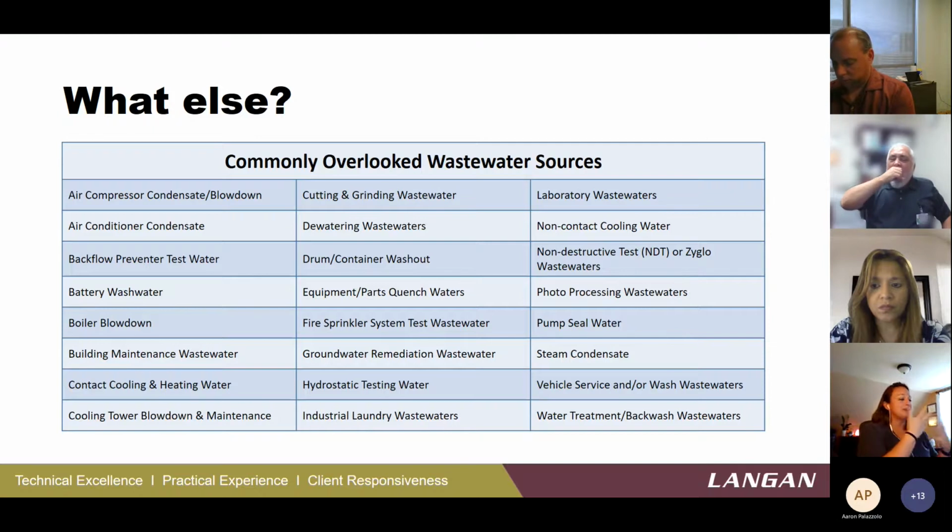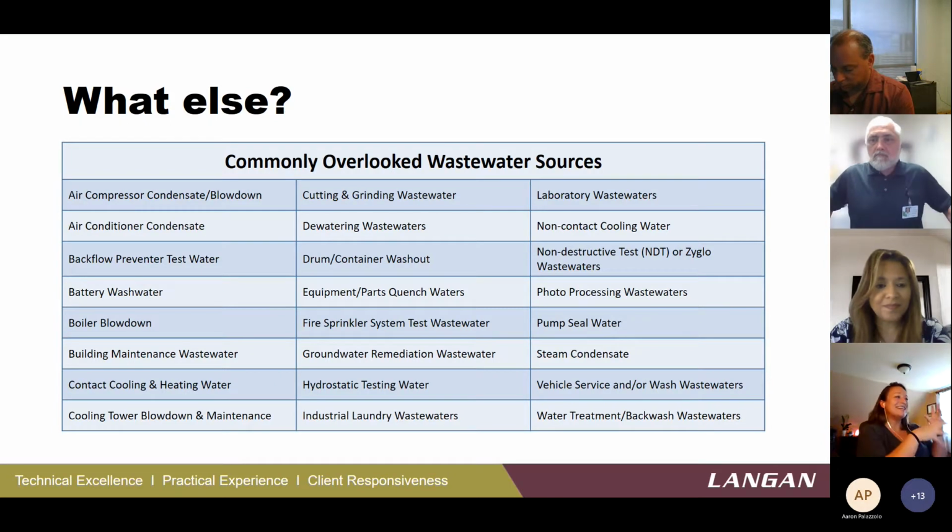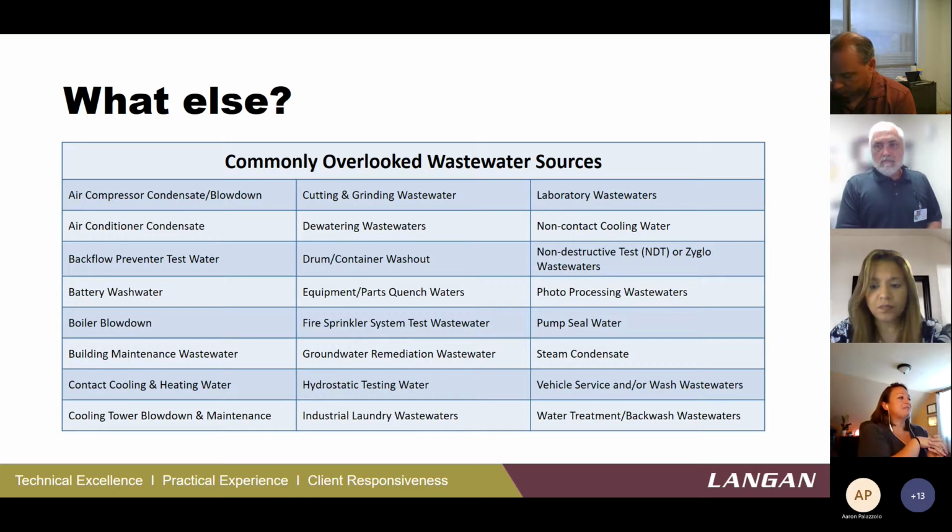It's one of those things that you just kind of forget about because it's not a major source. Backflow preventer test water. When was the last time anybody thought about their backflow preventer? Things like that are generated from the industrial process or the support, but are just commonly not thought about.